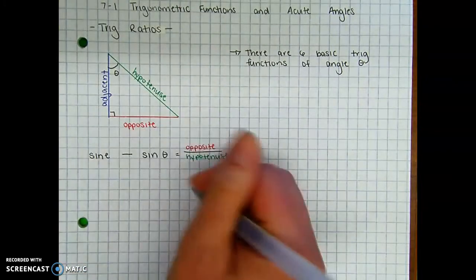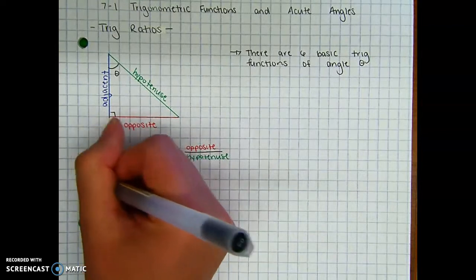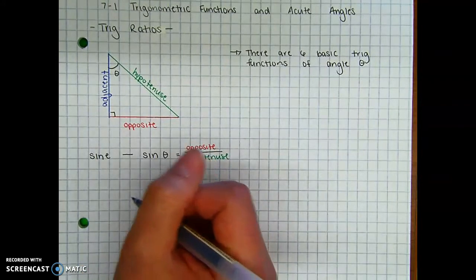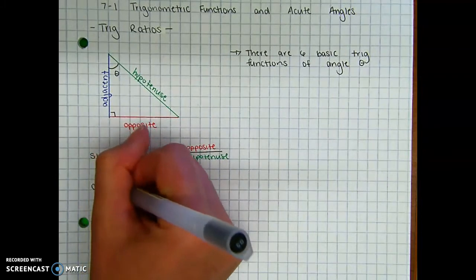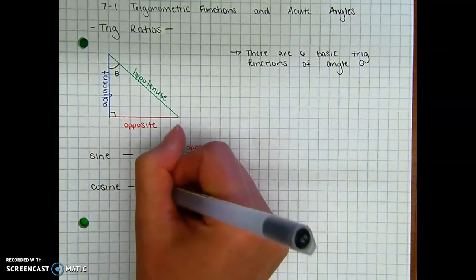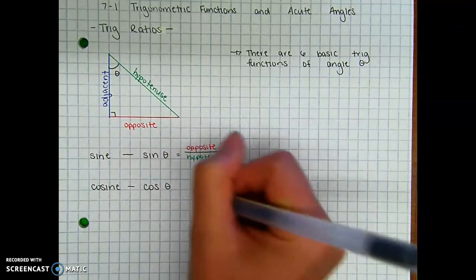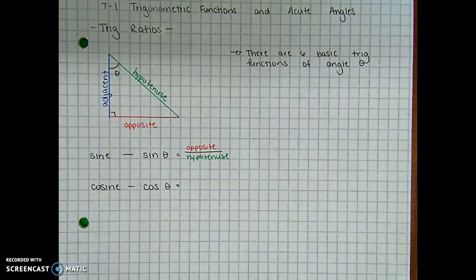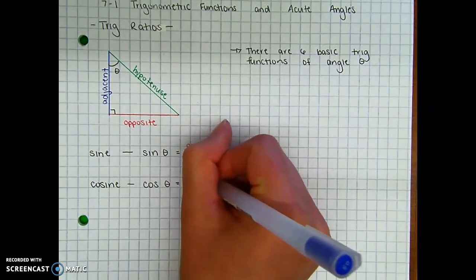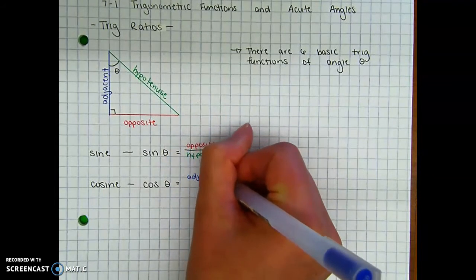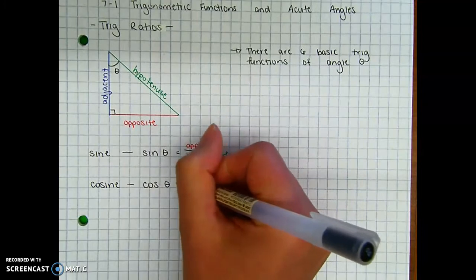Then we have cosine, which is cos of theta, and that is adjacent over hypotenuse.